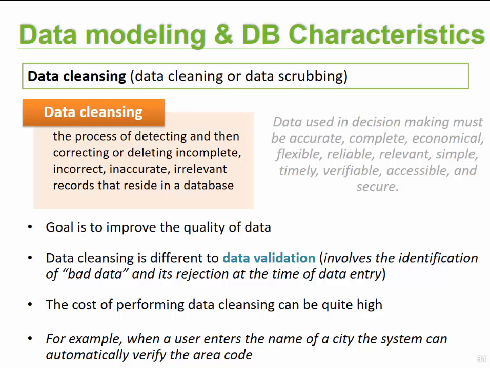All of the characteristics of valuable information, because that allows us ultimately to make better decisions. So the goal is to improve the quality of our data. Typically, data cleansing happens after information has been placed in our database. So you would have people looking at your data and then removing irrelevant or wrong data.